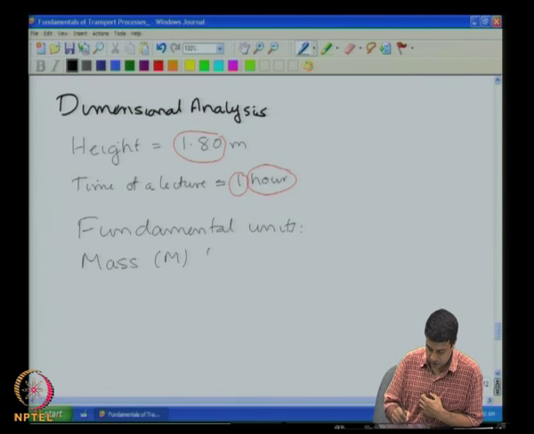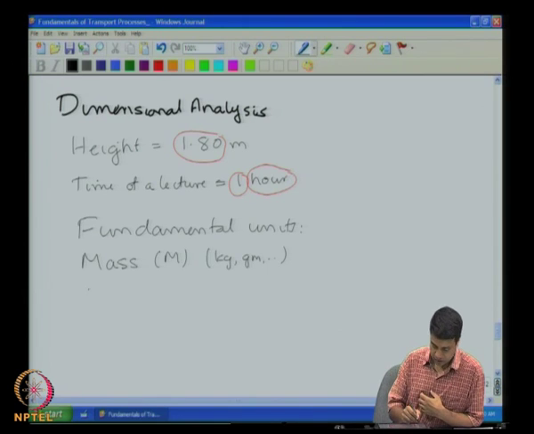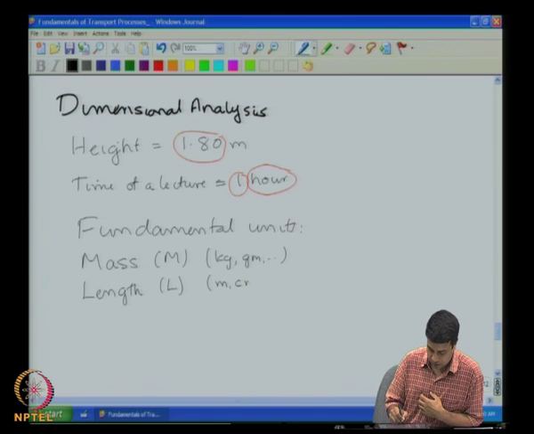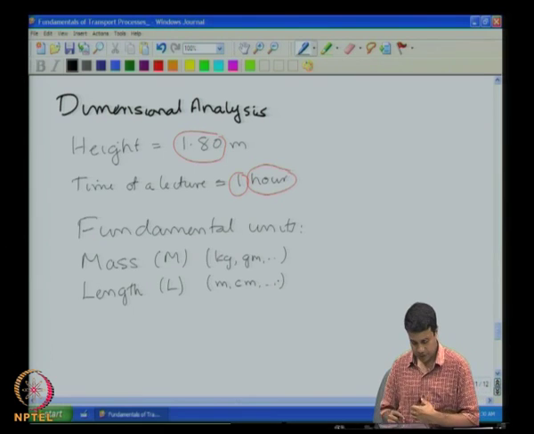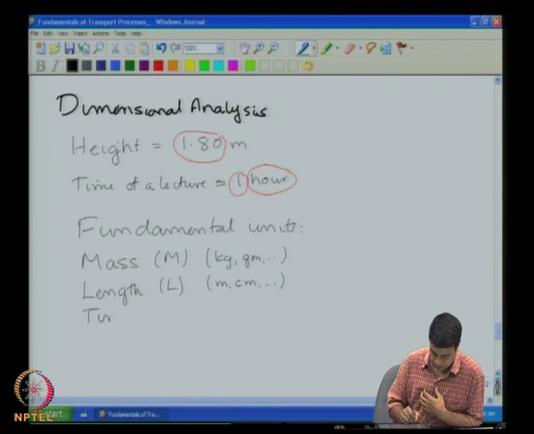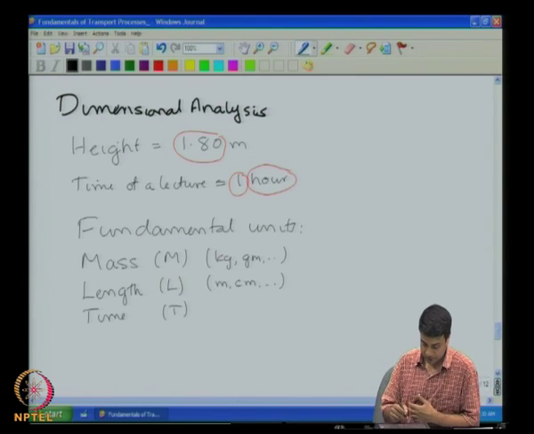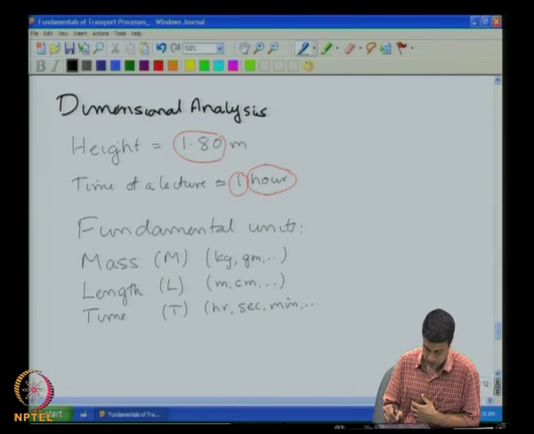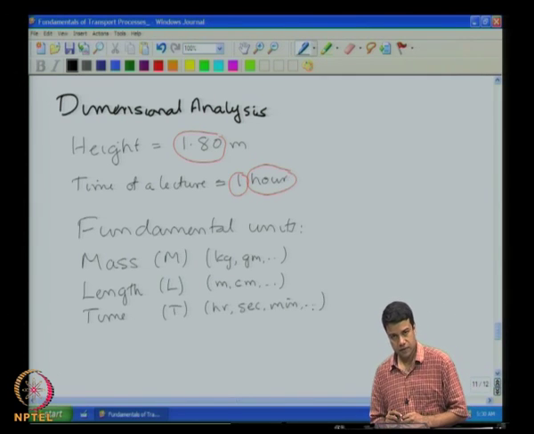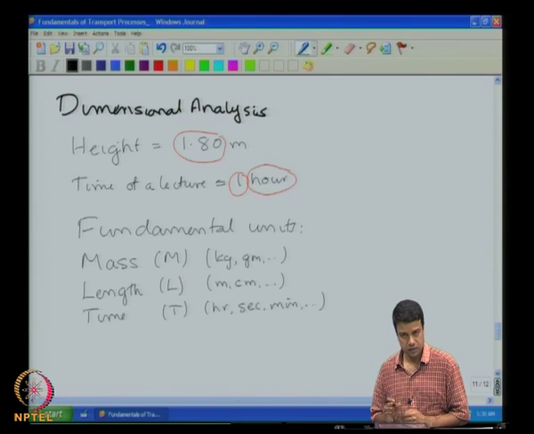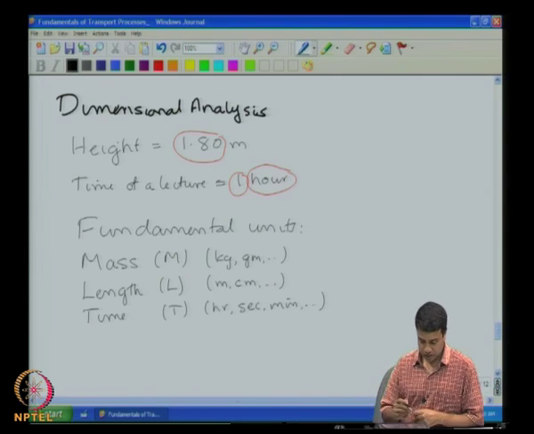The units are kilograms, grams, etc. Length is the symbol L: meters, centimeters, etc. Time, I will use capital T for time: hours, seconds, minutes, etc. So, these are the fundamental units used for most mechanical operations. There are three others.